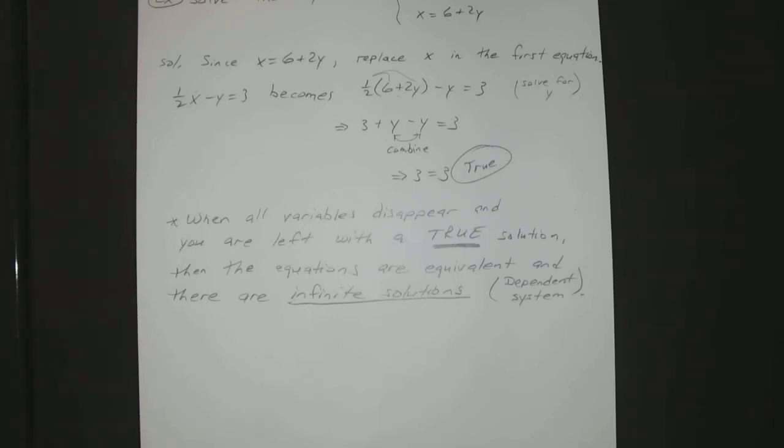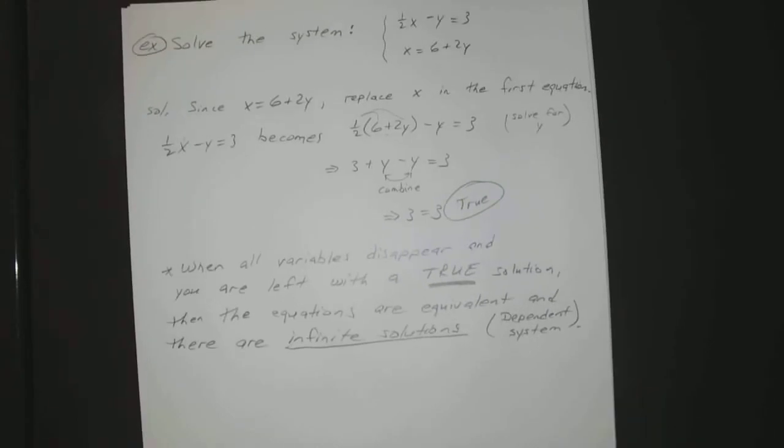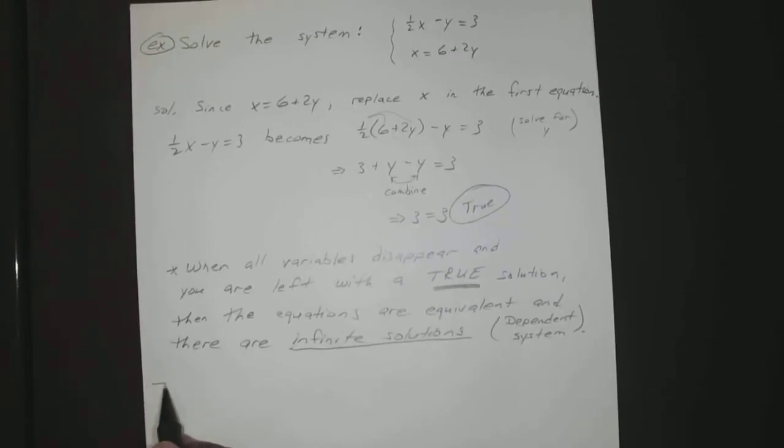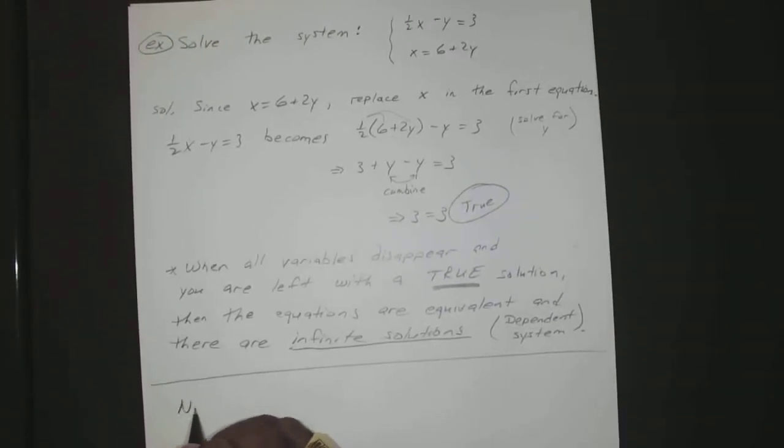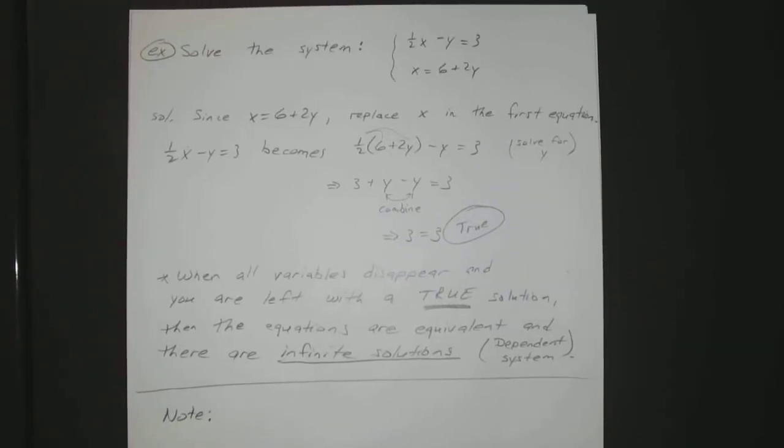Now another way to look at it is, let's say we picked either one of those equations. Let's say x equals 6 plus 2y.